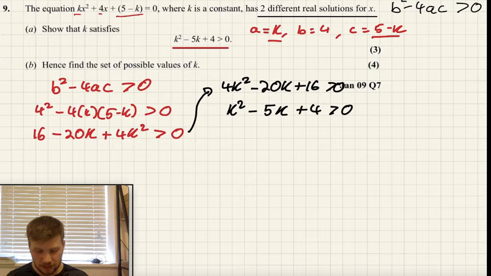Well, if we want this to be the case, we've got a quadratic inequality. So the first thing I'm going to do is solve this to find the intercepts or the roots, and then I'm going to think about the inequality and what it means graphically.